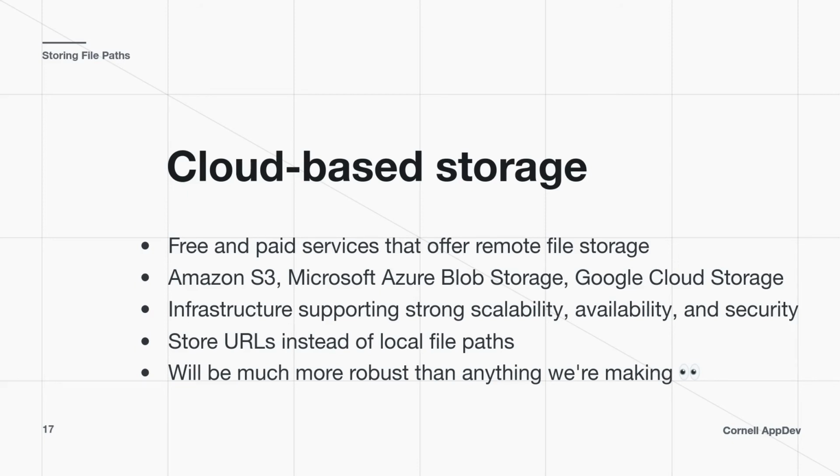So they handle backups, they handle replication, data availability, security. All you have to do is give them a file, and there's some authentication and credentials for security, but what it boils down to is you give them a file, and they give you a URL, and you can keep that URL, and whenever you want your file, you can use that URL to get that file back.